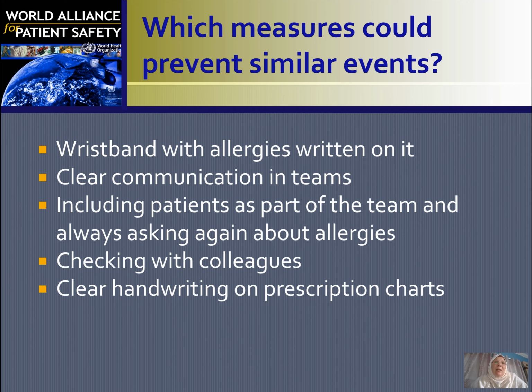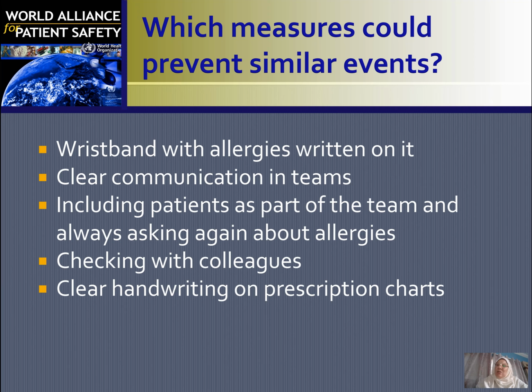There has to be clear communication in teams, and patients should be part of the team and should be asked. So before any drug is prescribed, the doctor should ask, do you have any allergies? And if they say yes, I have an allergy, it should be recorded on the drug chart so that the pharmacist can check.